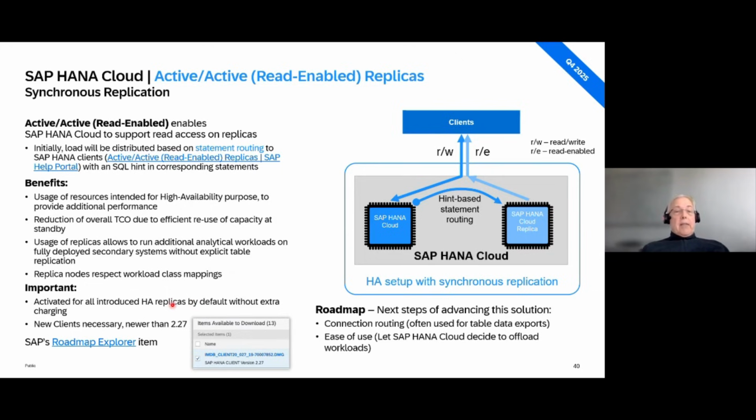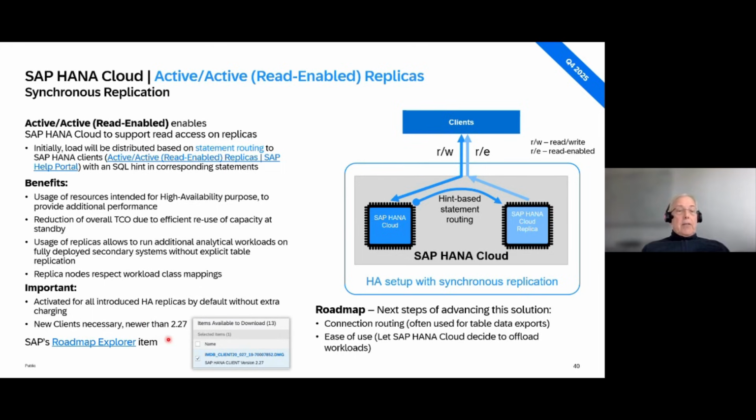Another important piece is we are activating this without extra charging. So we think this is such an important feature that you really should make use of it if you have a replica running because of obligations, you know.